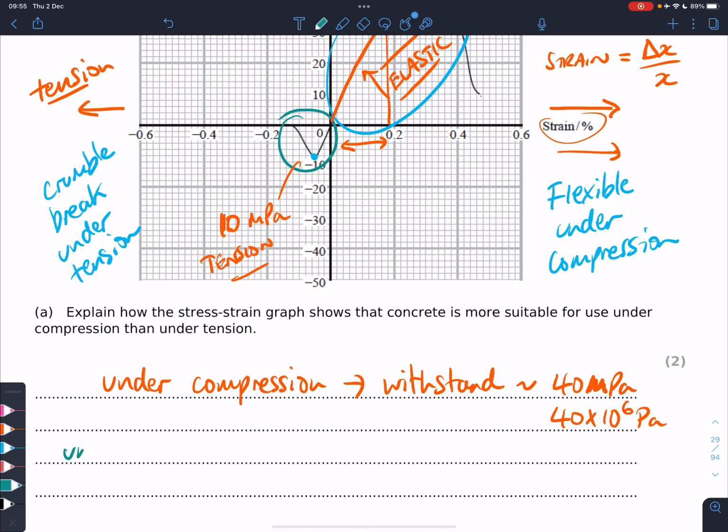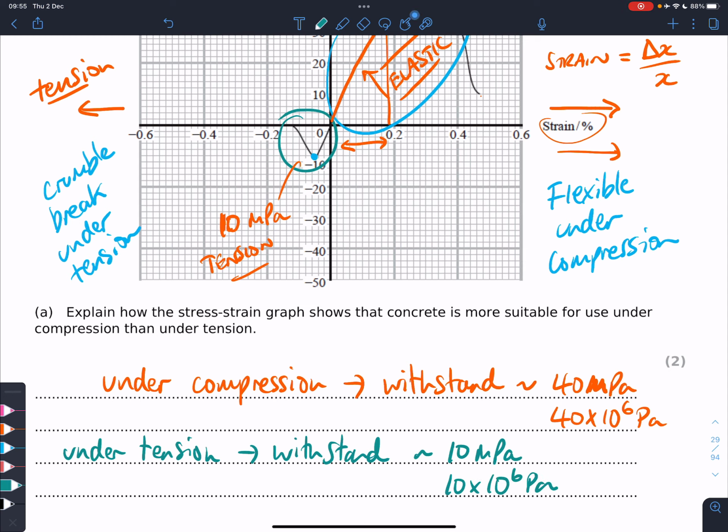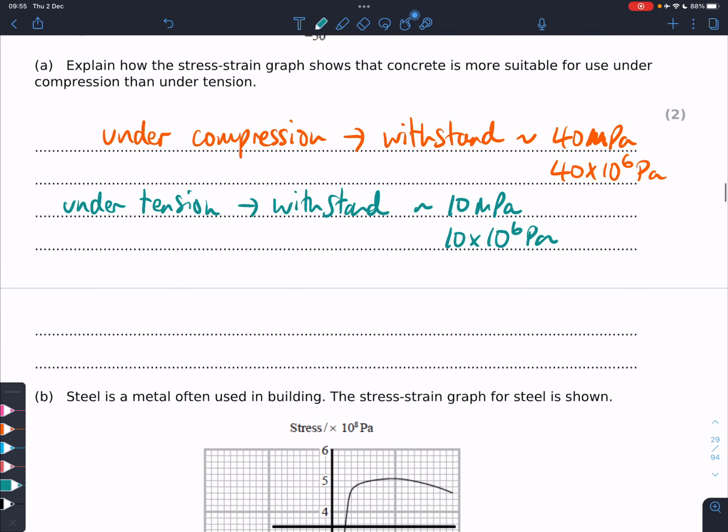And under tension, it can only withstand about 10 megapascals, or about 10 times 10 to the 6 pascals. So there's a huge difference between stretching it, where it doesn't do very well, and compressing it.